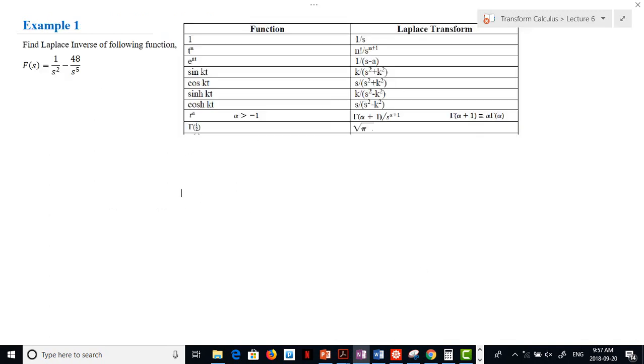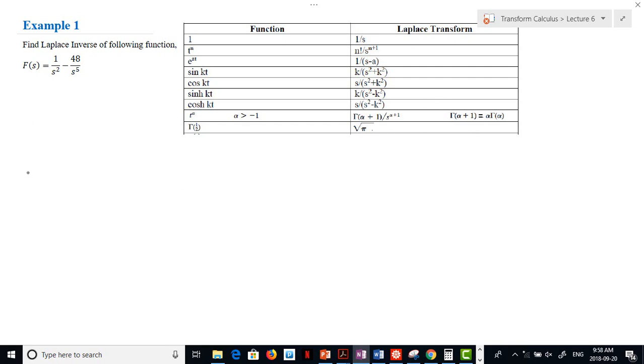First example. In the first example, you want to find Laplace inverse of this function, 1 over s squared minus 48 over s to the power of 5. The reason that I have the table here is because in your exam you have this formula sheet, so you have access to all these formulas.